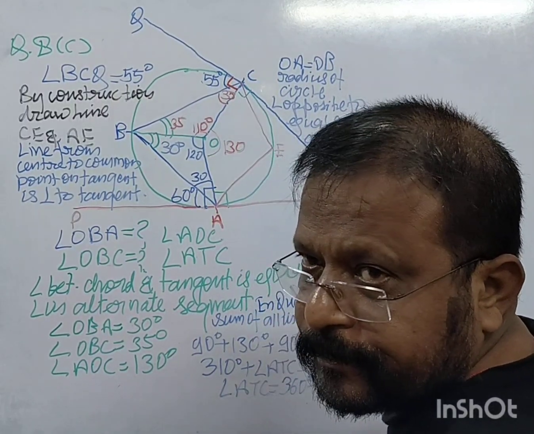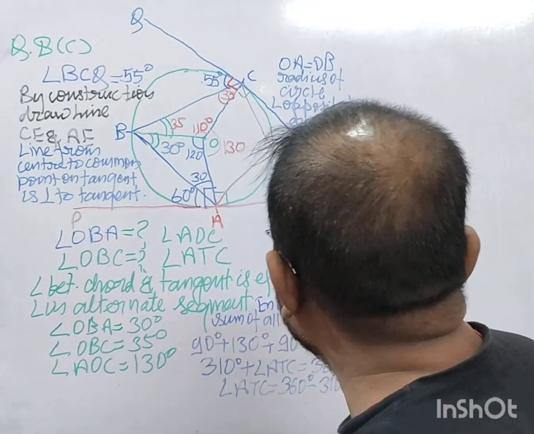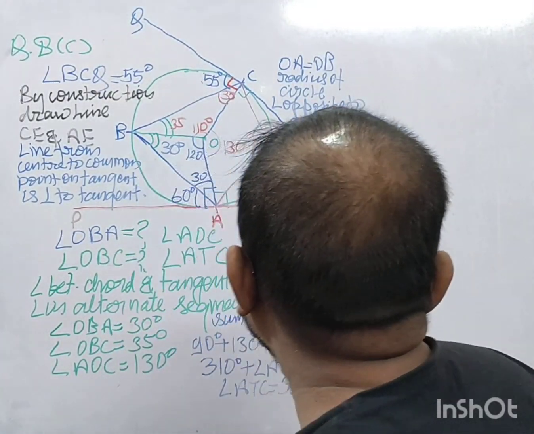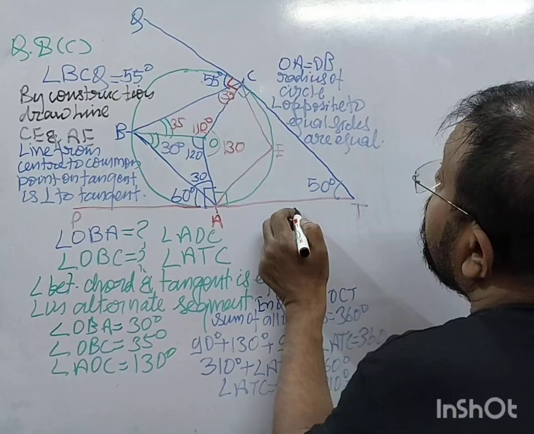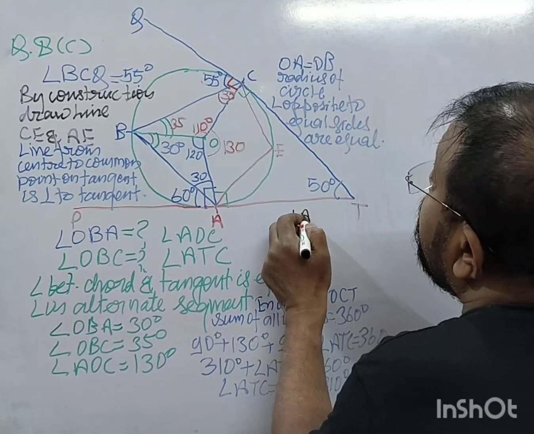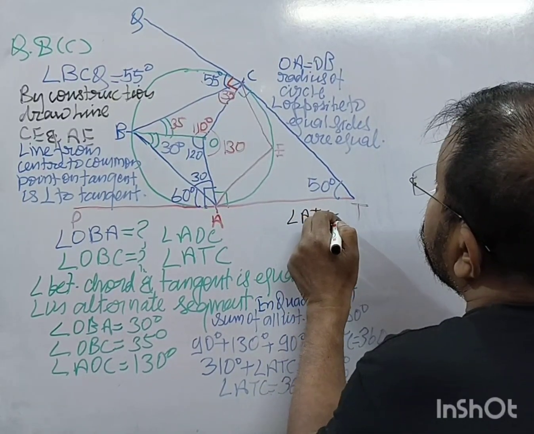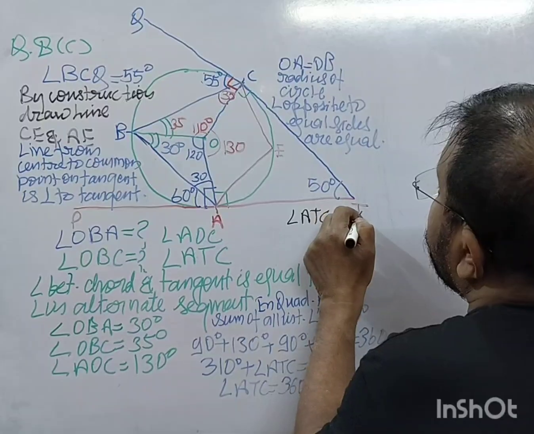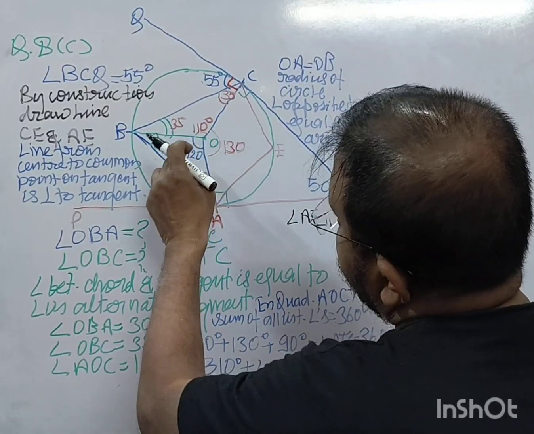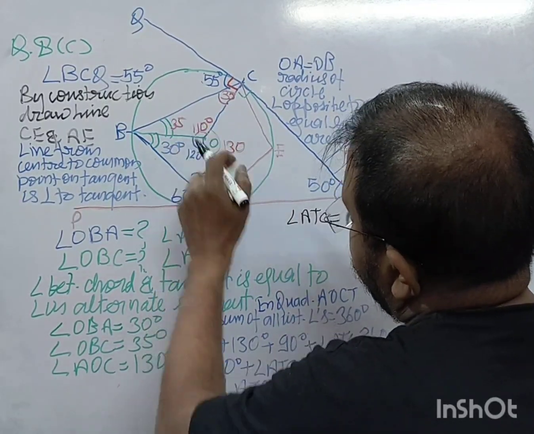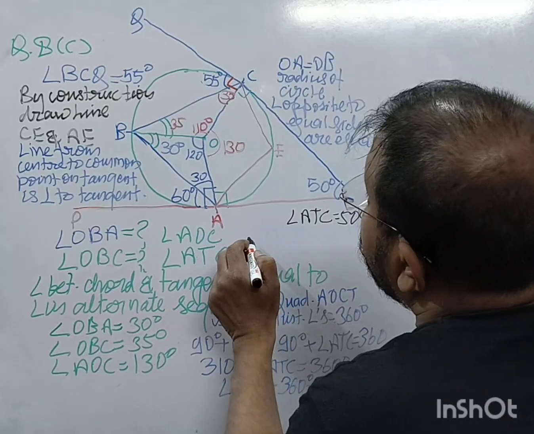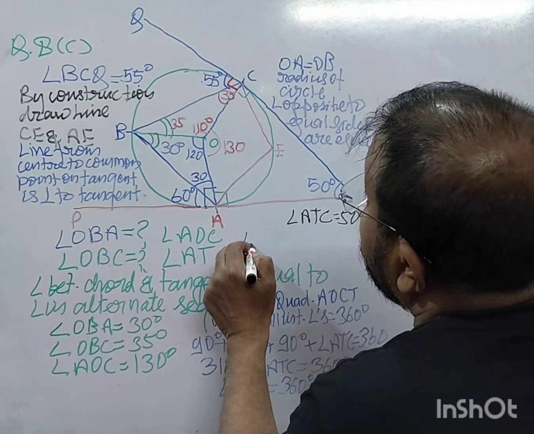You get it? So angle ATC is of 50 degree. If I take it like this, angle is of 130.